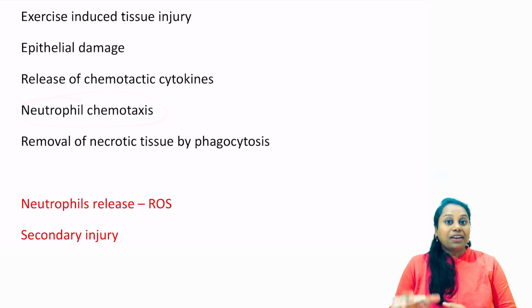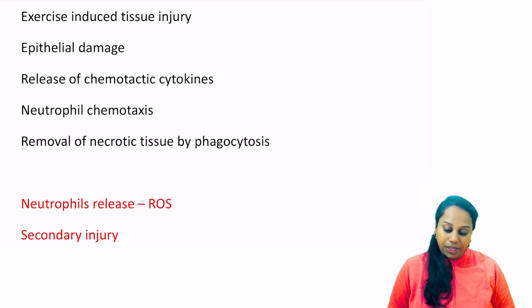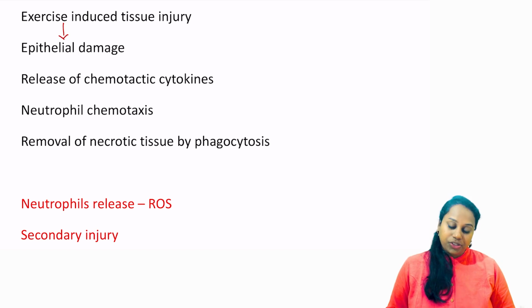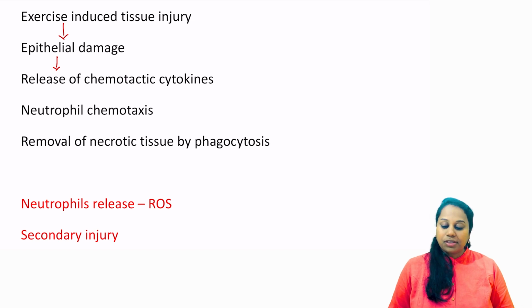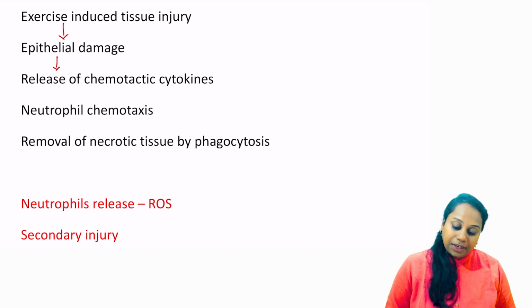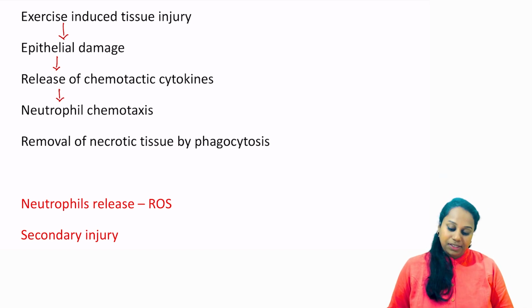Chemotaxis means attraction of these neutrophils to the site of injury. So during exercise, there is tissue injury, and this tissue injury causes epithelial damage, and this epithelial damage causes release of chemotactic cytokines. Chemicals are released, and these chemicals can cause chemotaxis, neutrophil chemotaxis.